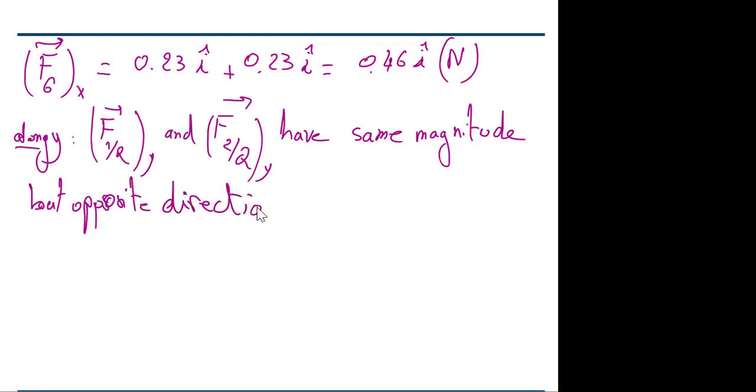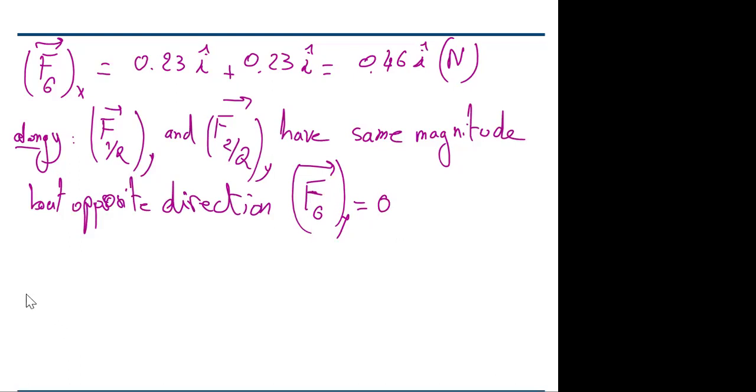So FG along y, the y component of the total vector, is zero. Why? Because the two vectors have the same magnitude but opposite direction, so they cancel to zero.